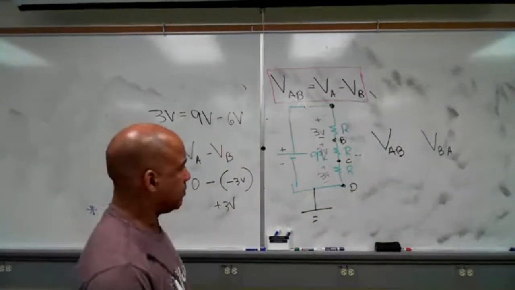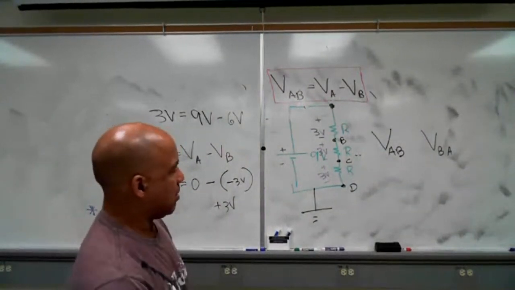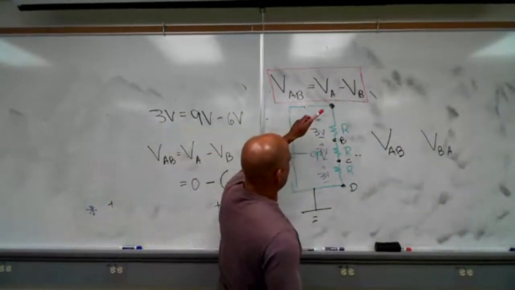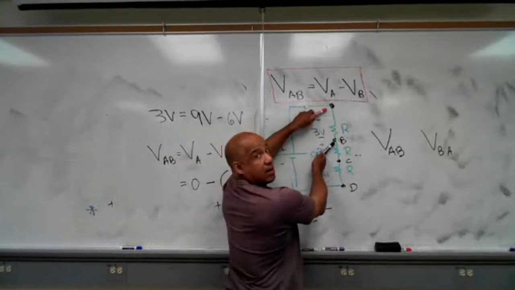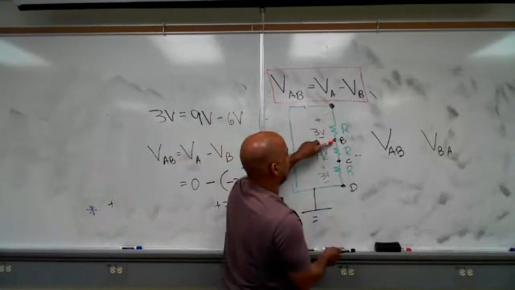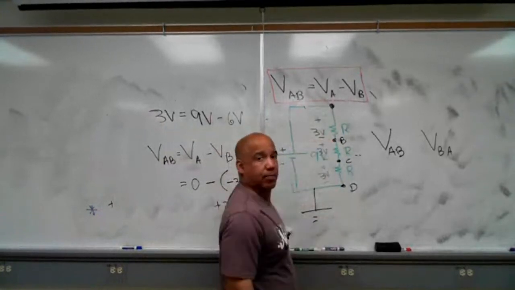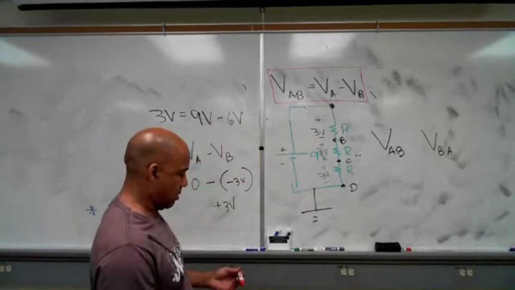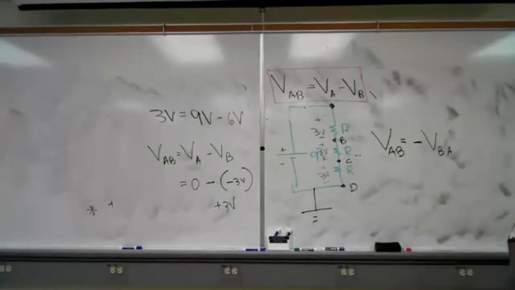VAB is what? If I measure the voltage at A with respect to B, and the other one is the voltage at B with respect to A, how do they compare to each other? One would be positive and one would be negative. Exactly. Because all you're doing is reversing your leads.